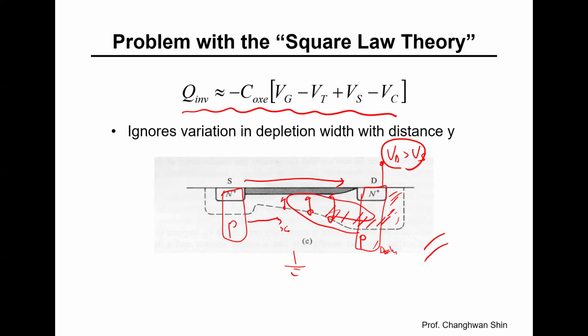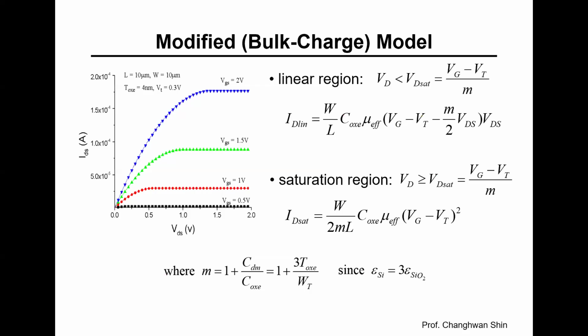Now let's move on to the next slide, the modified model or bulk charge model. To account for the varying depletion width along the channel direction, we should introduce a modified model, which is known as the bulk charge model. This model incorporates a parameter m, denoted as the bulk charge factor, which is typically greater than 1.